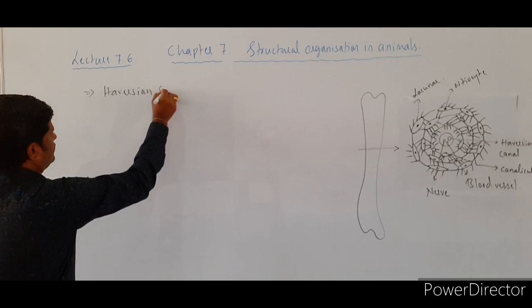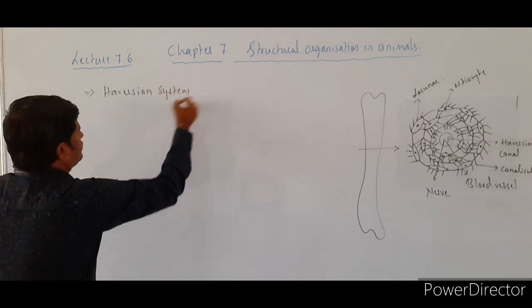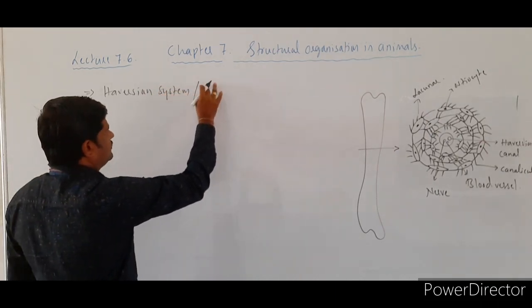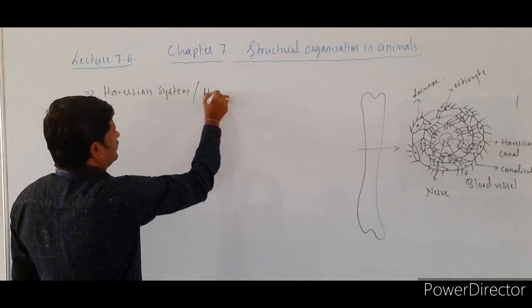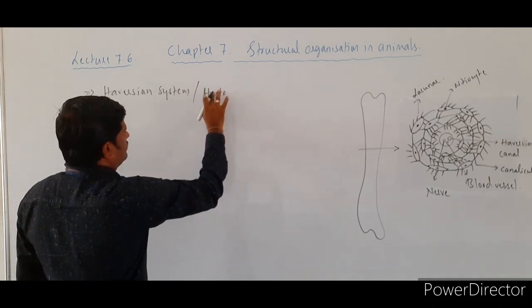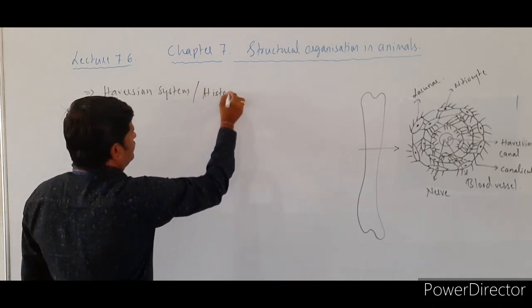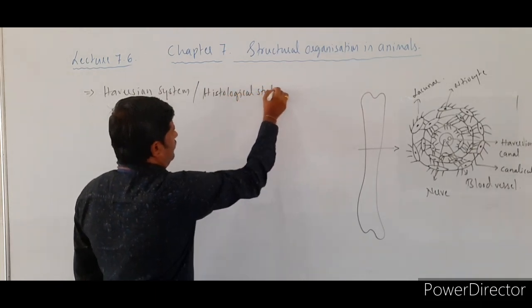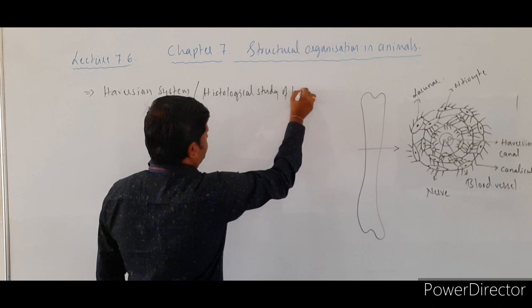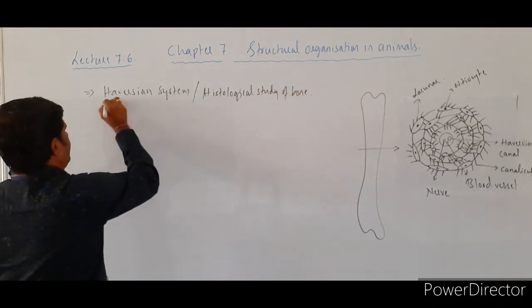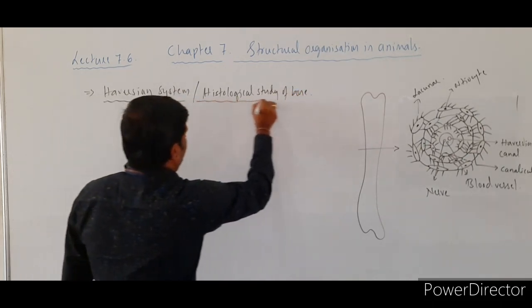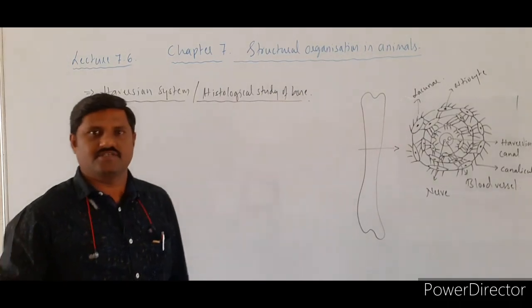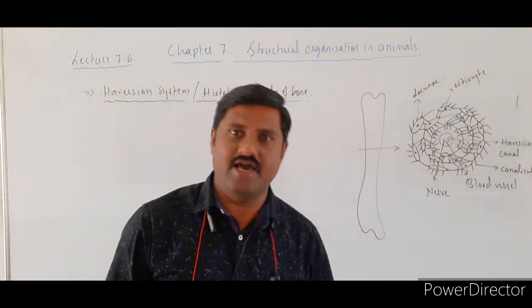Haversian system. This is the histological study of bone itself, especially mammalian bone. Histology of the bone is what we are studying now.